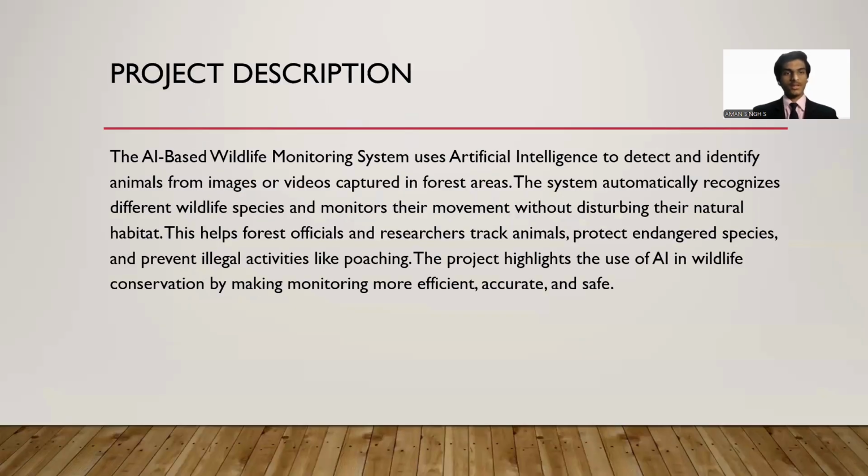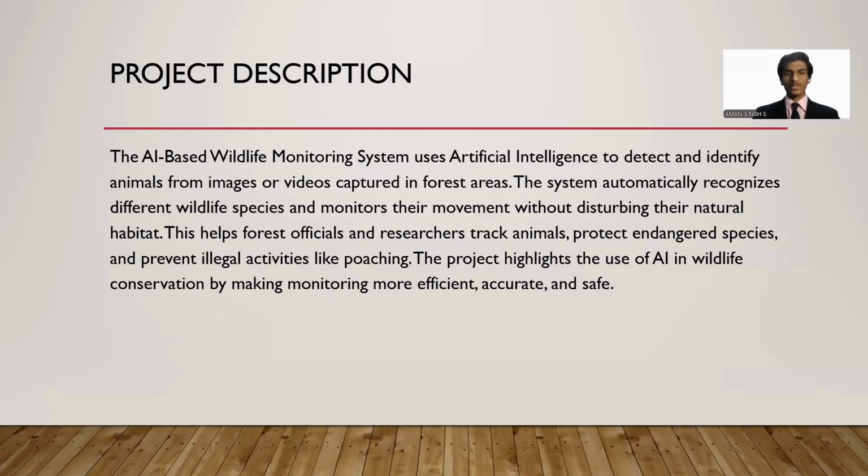Project description. The AI-based wildlife monitoring system uses artificial intelligence to detect and identify animals from images or videos captured in forest areas. The system automatically recognizes different wildlife species and monitors their movement without disturbing their natural habitat.